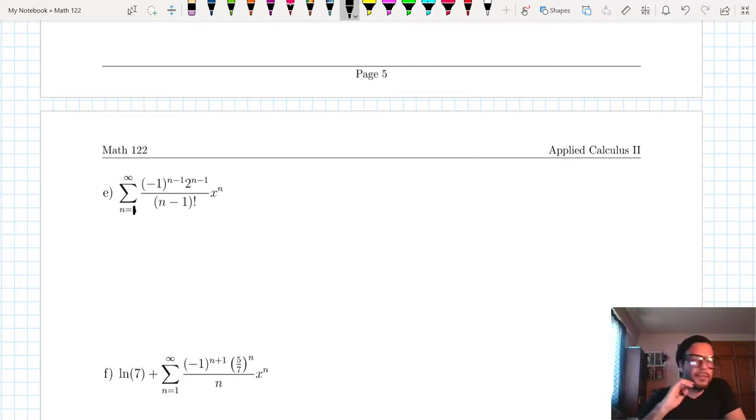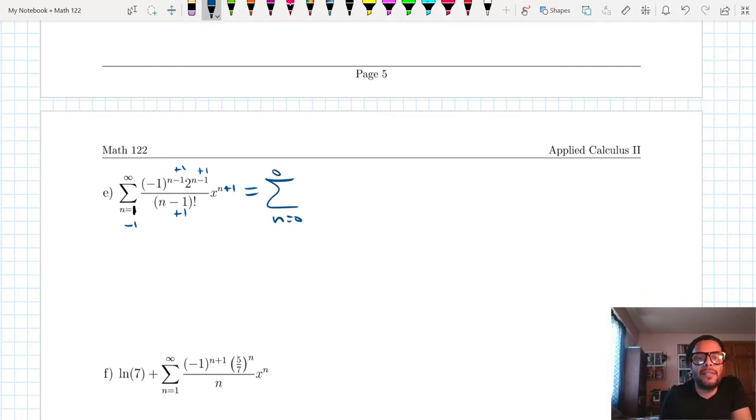Well, remember when we shifted series, if I subtract 1, I need to add 1 to any other instance over here, to all n's. And the trick here is to start at n equals 0.